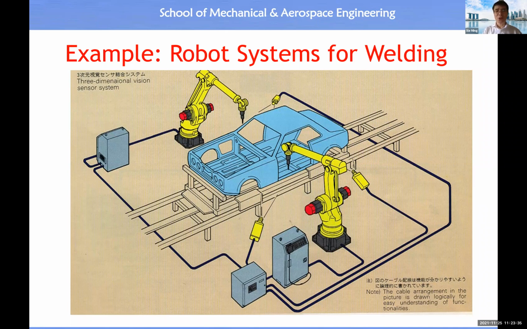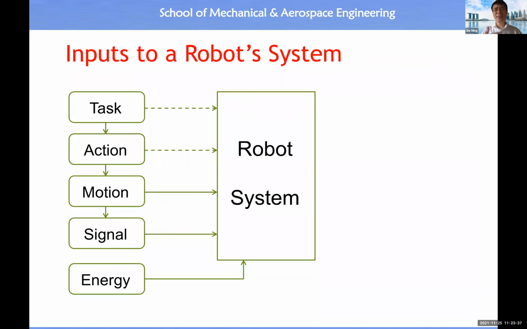All right. So since a robot is a system, we can talk about what the input to the robot should be. From the study in module 1, you understand that at the highest level the input should be a job description, and the job description can be decomposed into task descriptions. A task description can be decomposed into action descriptions, and an action description into motion descriptions.